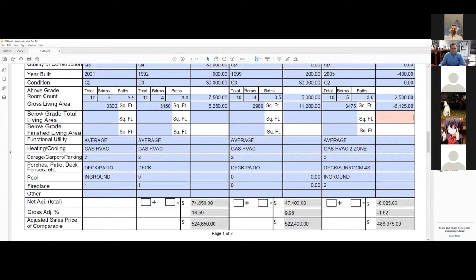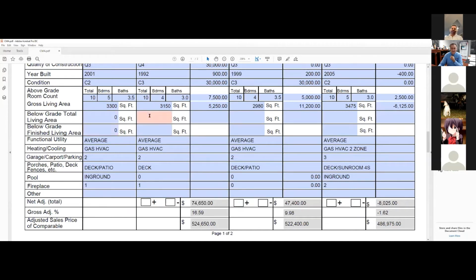Appraisers do not have these two sections, but they are usually together. So below grade total living area. What they are asking you here is this: does this home have a basement? So let's say our home does not have a basement. And since there's no basement, there's no finished area. All right.